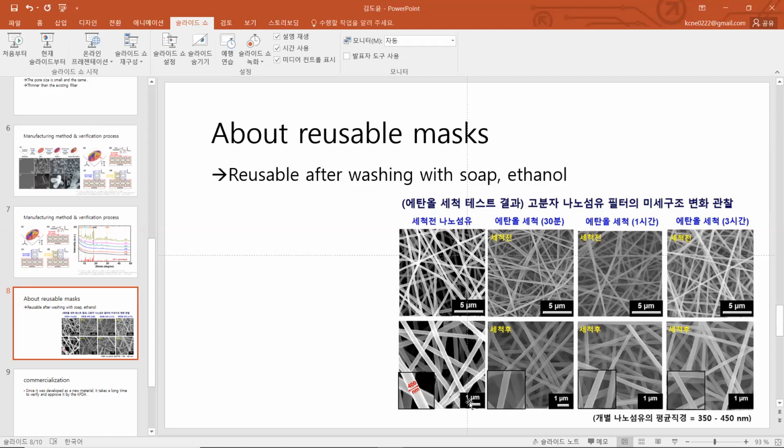I think this bar is a reference bar, the so-called scale bar, so you can compare those sizes. Those diameters are about 400 nanometers, so that's approximately correct.